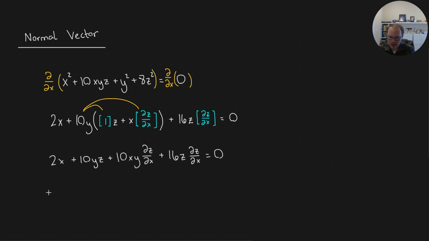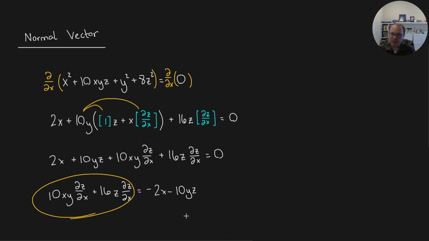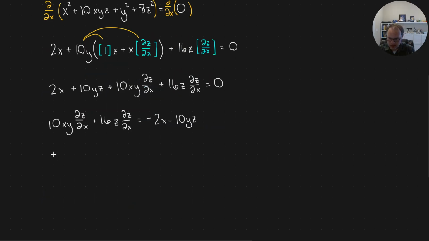That leaves me with 10xy partial z partial x plus 16z partial z partial x on the left-hand side of the equation. On the right-hand side, I have negative 2x minus 10yz. The reason we did this is because now everything on this side has a partial z partial x in it, so I can factor out that common partial z partial x. If I factor it out, that leaves me with 10xy plus 16z.